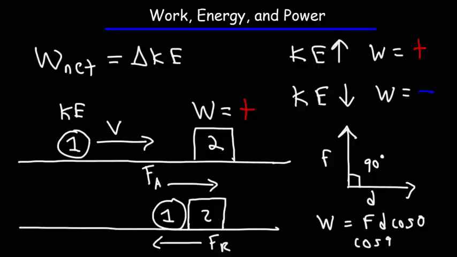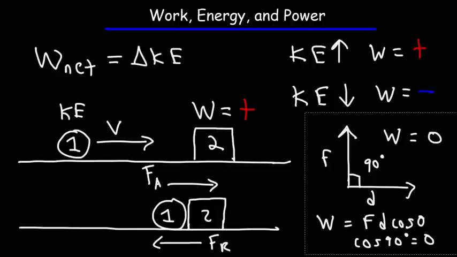Cosine 90 is 0. So anytime the force and the displacement vectors are at right angles with each other, the force does no work on the object. It simply causes the object to turn. So the force behaves like a centripetal force, causing the object to turn in a circle.